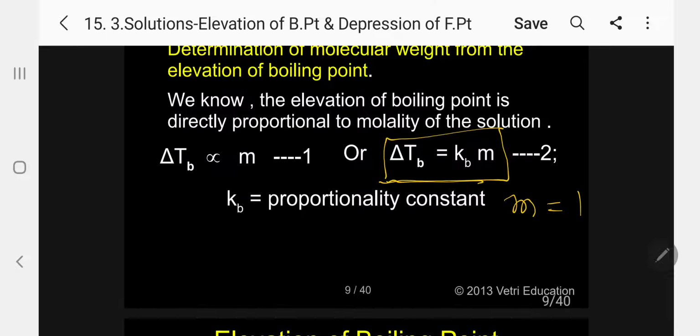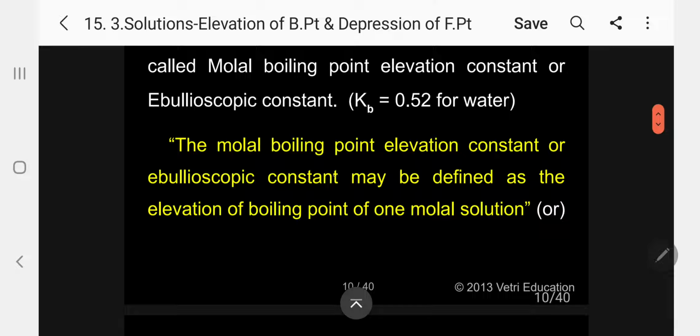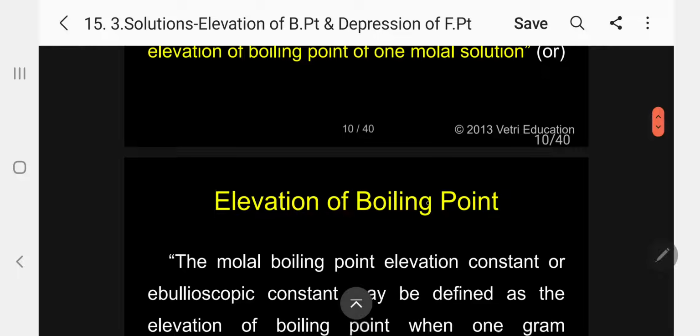Kb equals elevation of boiling point. For 1 molar solution, Kb equals delta Tb. If m equals 1, Kb equals delta Tb.